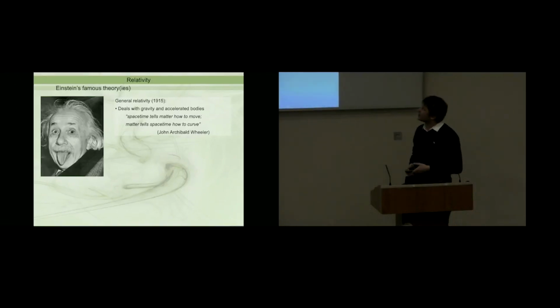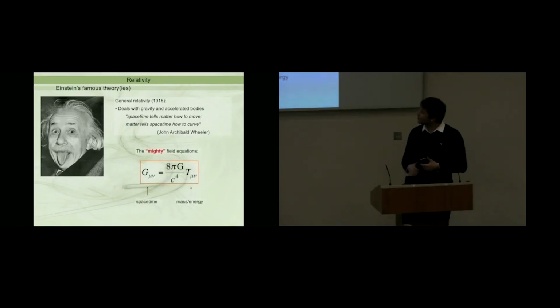And it deals also with things that accelerate. The main point of this theory is that space-time tells matter how it should move, but then matter tells space-time how it should behave. And you'll see the illustration in just the next slide.